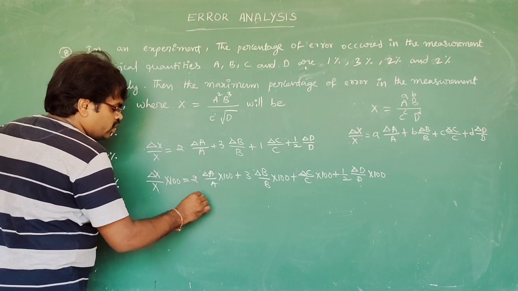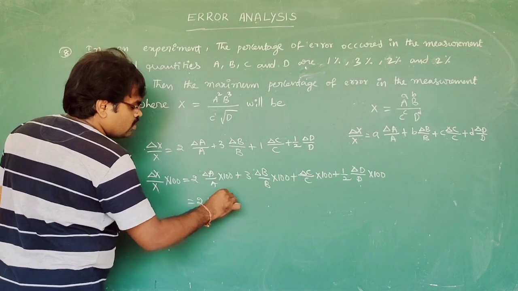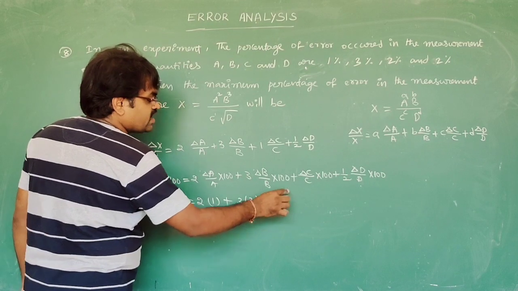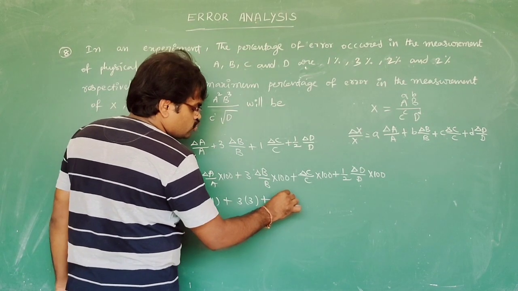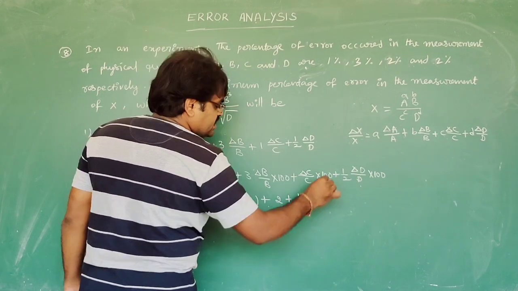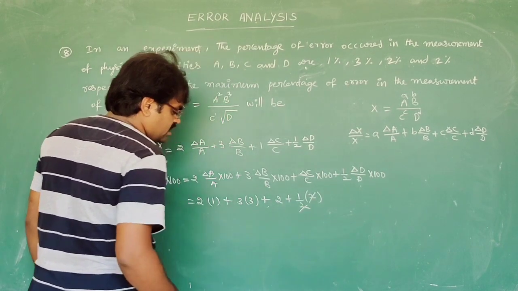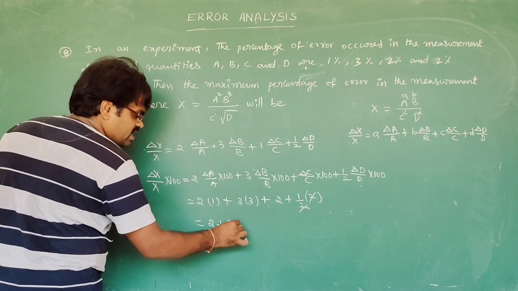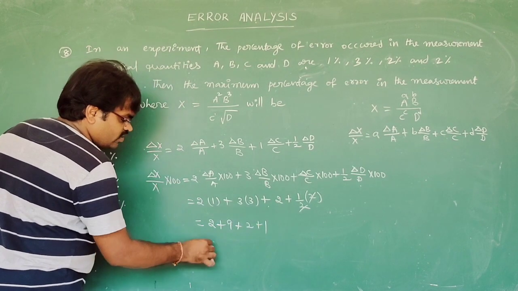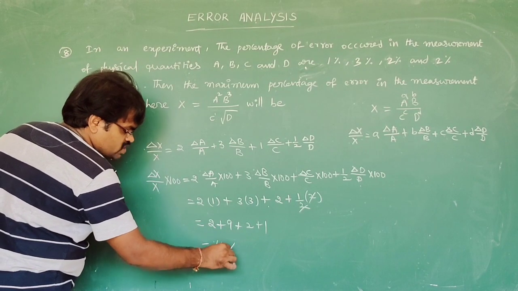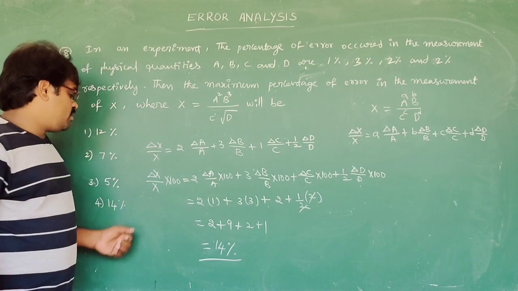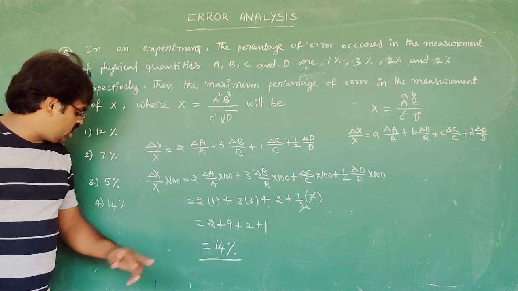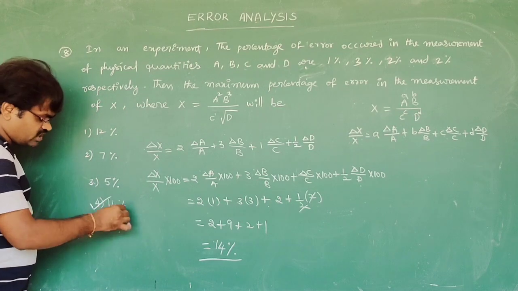Now 2 into 1, plus 3 into 3 which is 9, plus 1 into 2, plus 1 by 2 into 2, that is 1. Then we got 14%. The maximum percentage error in the measurement of X is 14%. Option 4 is the correct answer.